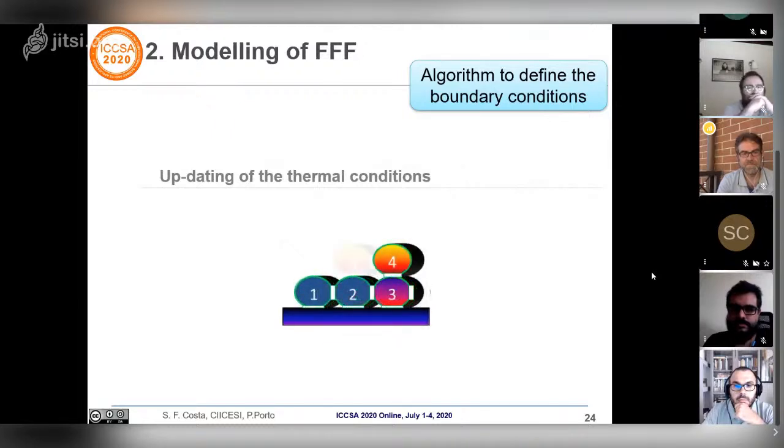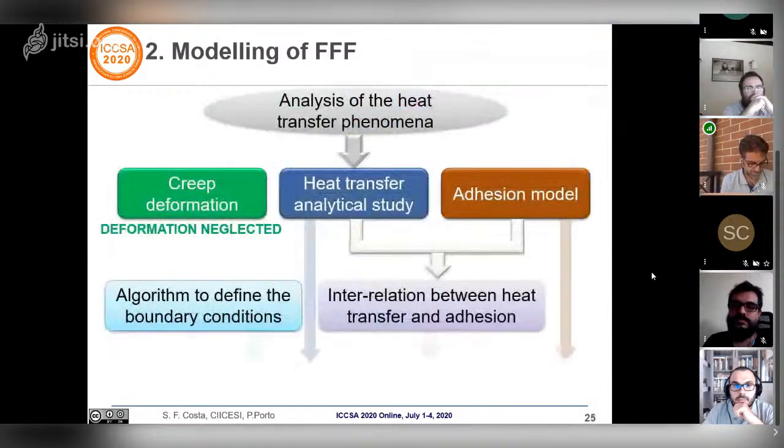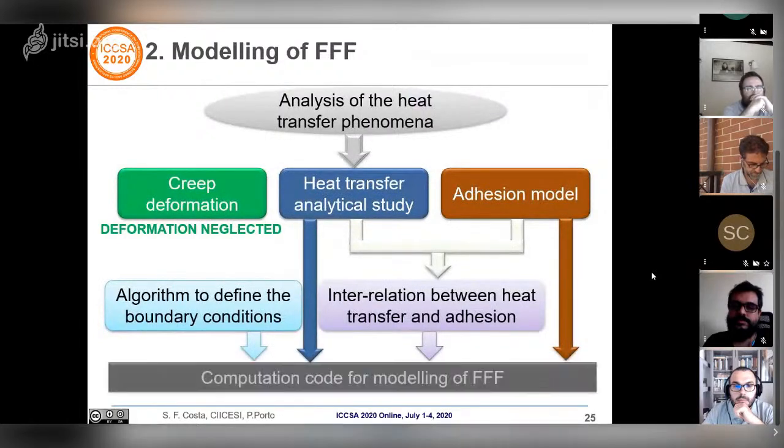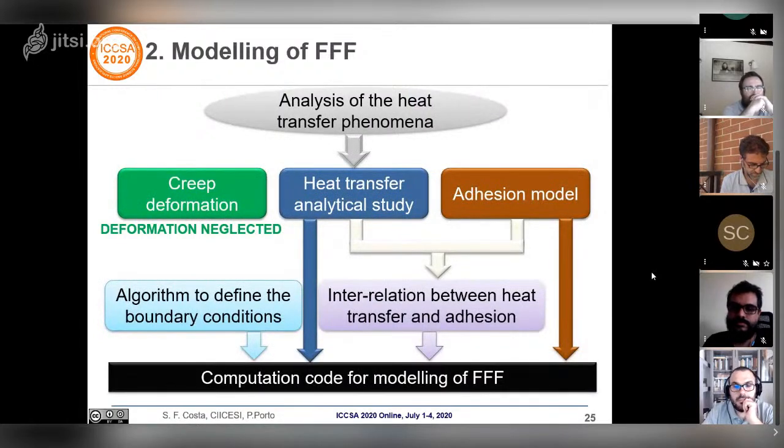So an algorithm is required to make this procedure automatic depending on the geometry, the build orientation, and the deposition sequence. All these components allowed obtaining a computation code for the modeling of fused filament fabrication.